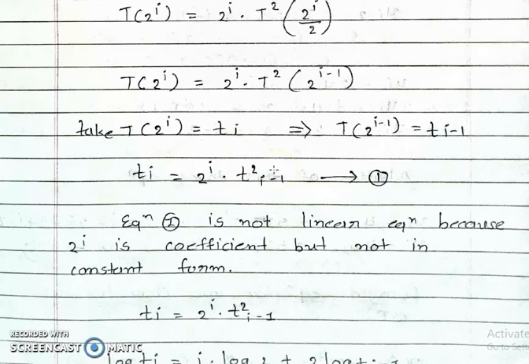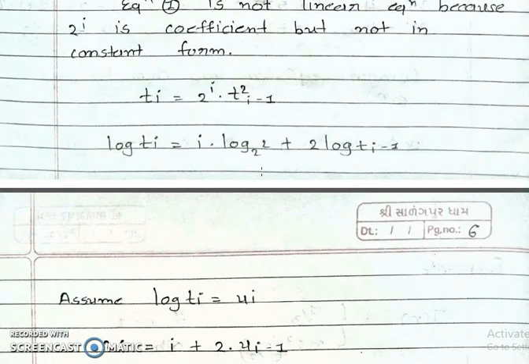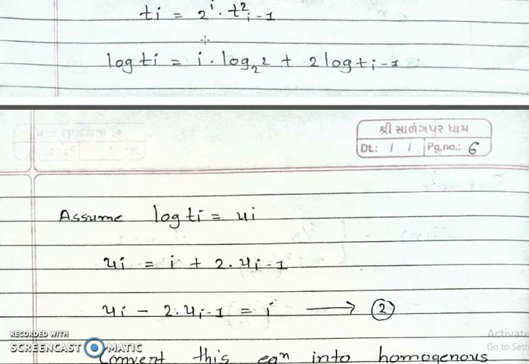Taking log on both sides, we get the equation log t(i) = i · log 2 base 2 + 2 · log t(i-1). Again we assume log t(i) is equal to u(i).